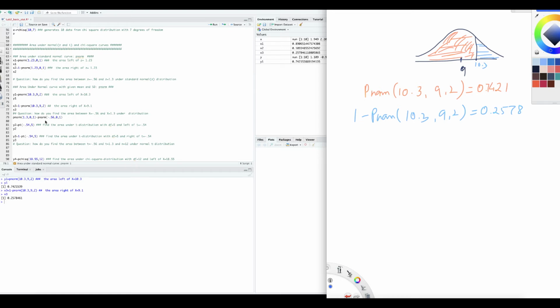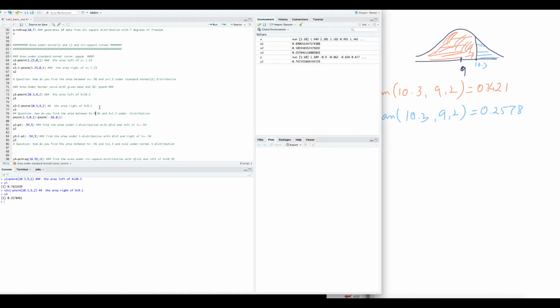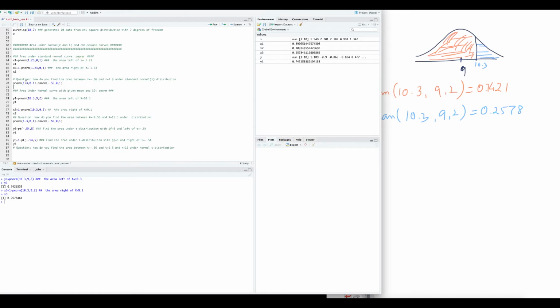So how about the area between two values, right? So let's say this is like 9 and then this is say like 11, okay. Suppose you want to find out the area between, let's say, 9.56 and 11.3.